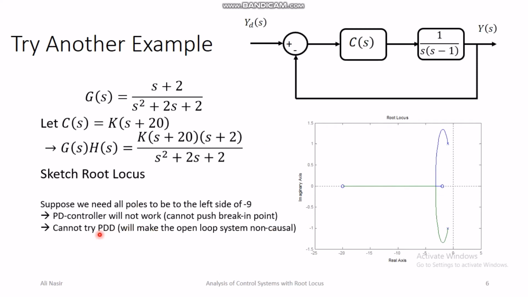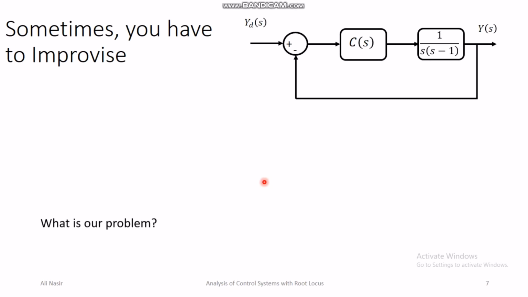We have to go into PID or maybe PIDD or maybe PIIDD, whichever of those controllers. But at this stage I am not willing to make things that complicated, so I opted to think more deeply about this system and the problems involved in it.